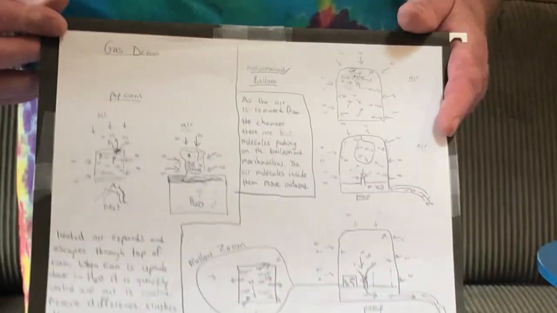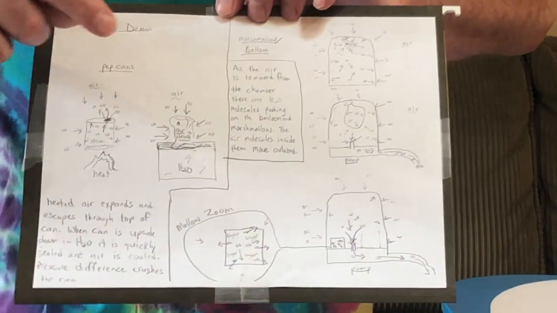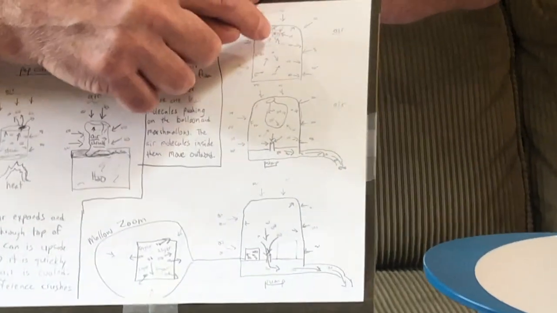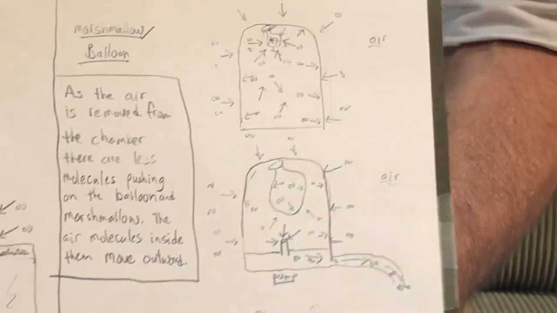So come on over here and take another look at my diagram. This is what I did in class a couple years ago, where the students actually had to draw these out, explaining what's going on. So here, this is the one with the balloons in here, and again, the balloon has a certain amount of air molecules in it. And when I put it in the vacuum chamber, there's air in there as well, and so it's pushing back on the balloon.